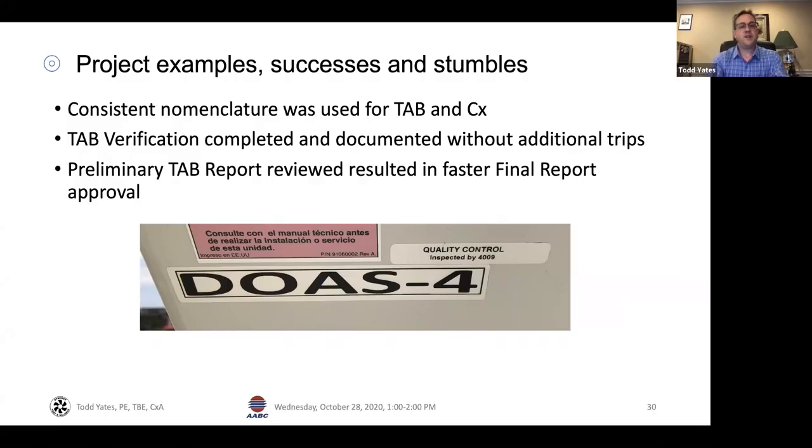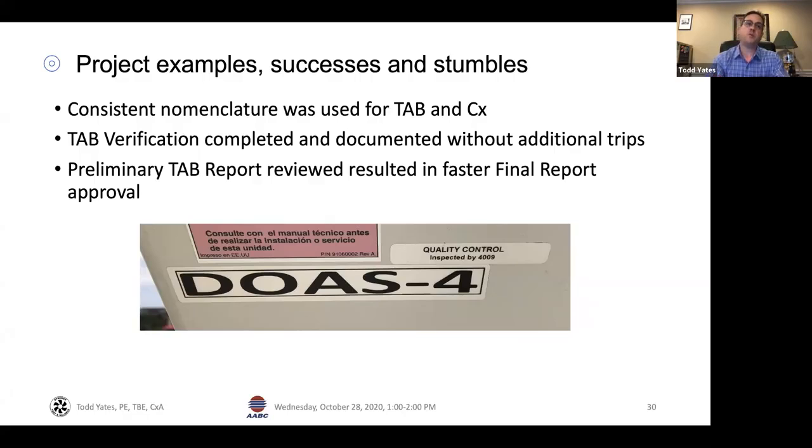In both of these cases, the test and balance verification was completed and documented while we were on site. We did not have to make additional trips to the site to work with the contractors to do this verification work. We were able to complete it all then. In some cases, they actually watched us do it the first time.